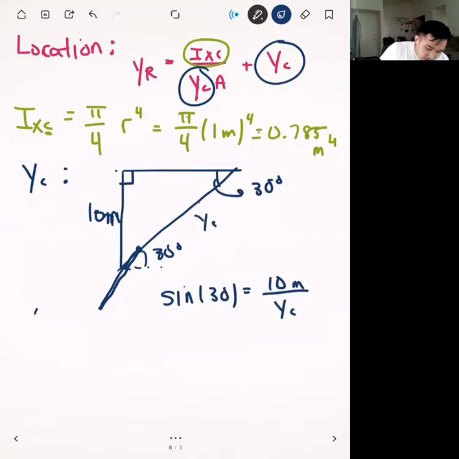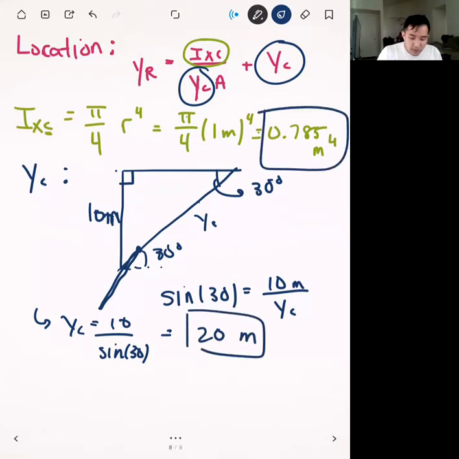And so to solve for YC, it's simply going to be 10 meters divided by sine of 30. And then what we get is 20 meters.